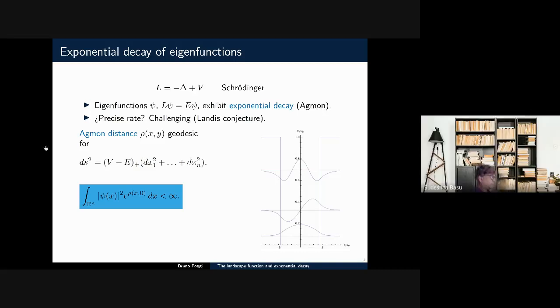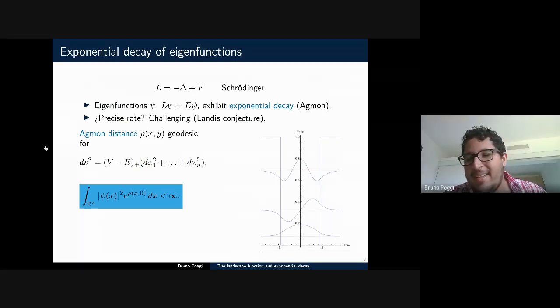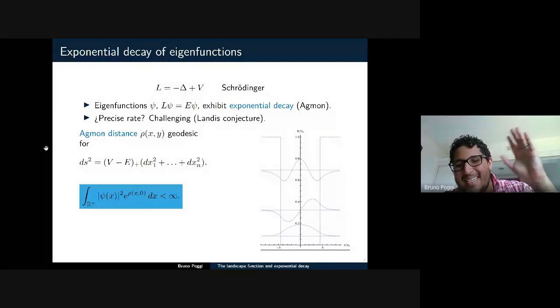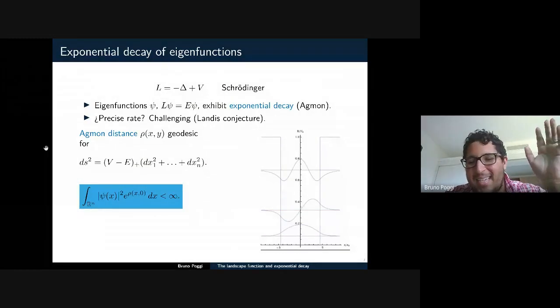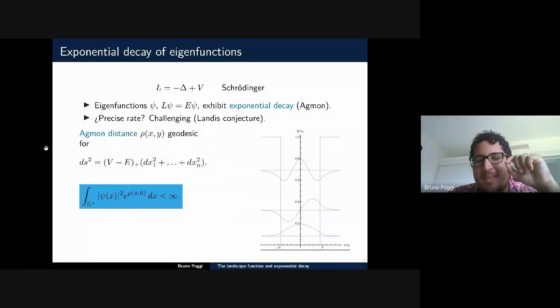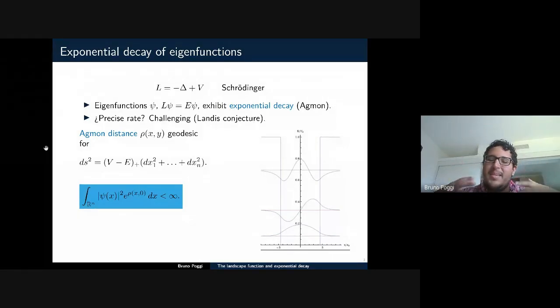Here I have a picture of the simplest case, from undergraduate physics textbooks, of how eigenfunctions of a one-dimensional Schrödinger operator decay exponentially. But this phenomenon is true for much more general potentials than simple finite square wells, for instance. So a lot of research in the last century was to try to extend these exponential decay results to much more general potentials.